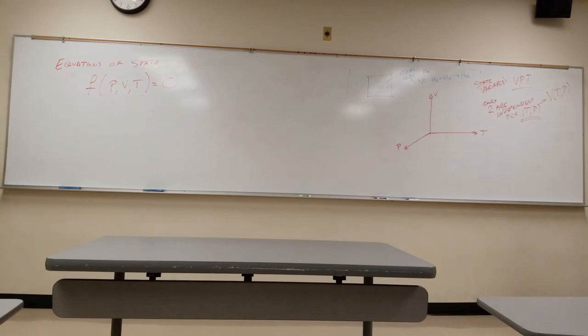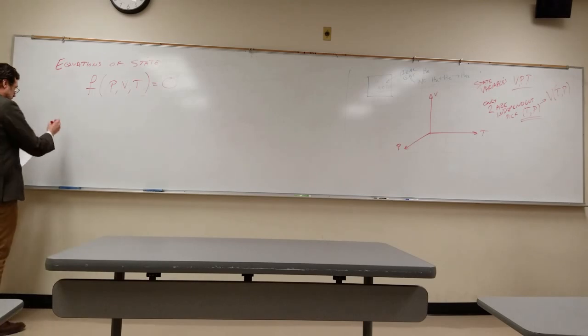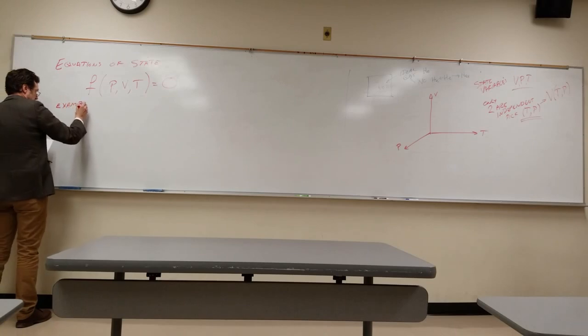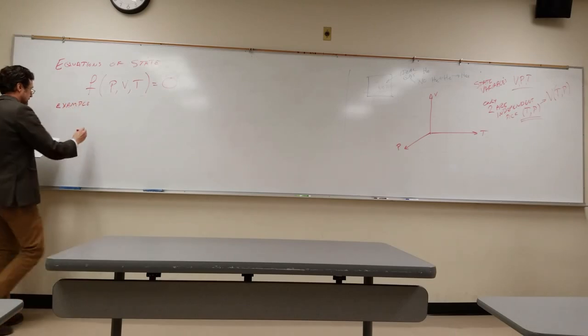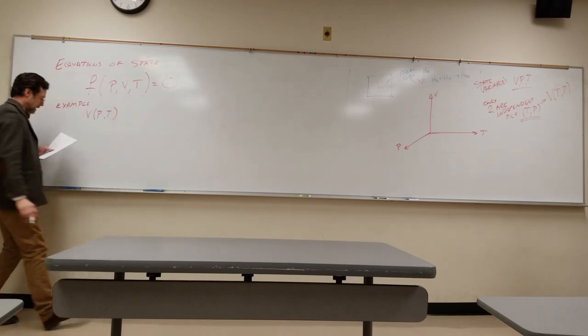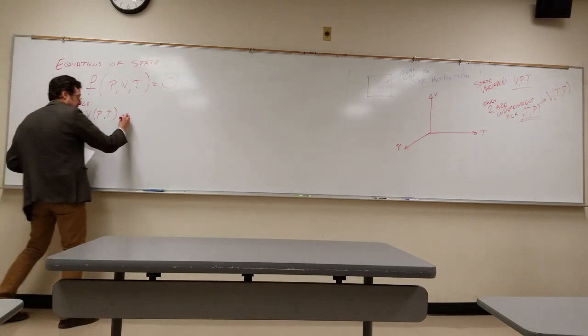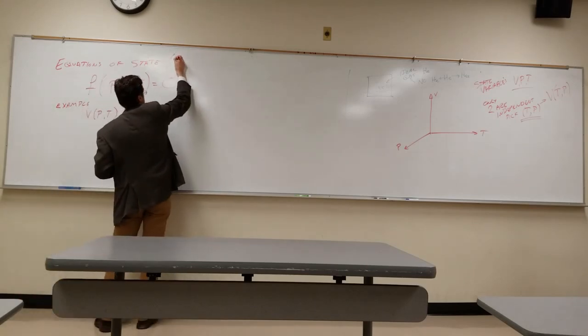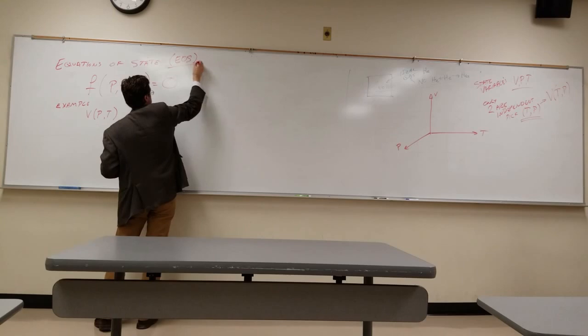Now, your textbook tells us that we can write volume as a function of pressure and temperature. And let's call this EOS.